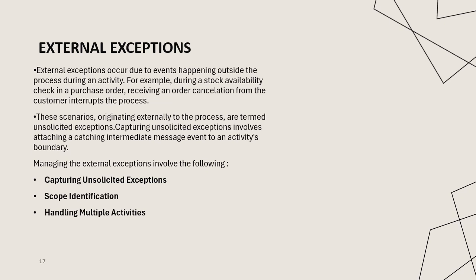When triggered, this event interrupts the activity and sends the token via the exception flow to execute the recovery procedure. Identifying the scope for capturing such events is crucial. For instance, in the order to cash process, handling order cancellation requests is limited to specific tasks like check stock availability, defining the scope for event reception.